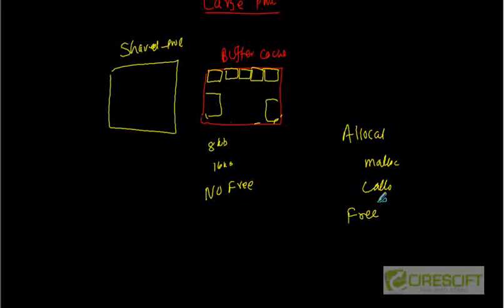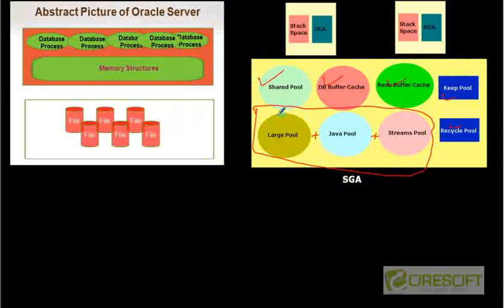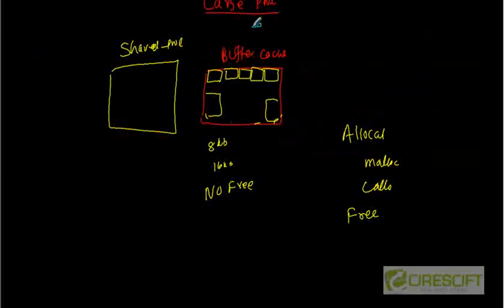Otherwise, we could deal with everything in the buffer cache itself. But the reason we use a new pool, the large pool, is that we want to allocate and deallocate memory in a different way. That is why Oracle gives you a new memory structure called the large pool.